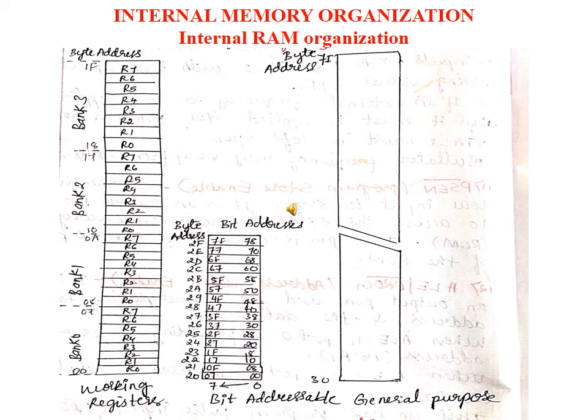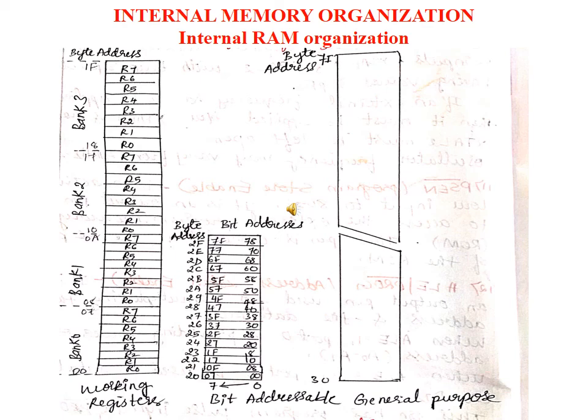In the first section, the 32 bytes from the addresses 00 to 1FH will make up the 32 working registers, which are organized as 4 register banks of 8 bits in size. The 4 register banks are numbered 0 to 3 and they are made up of 8 registers labeled R0 to R7.